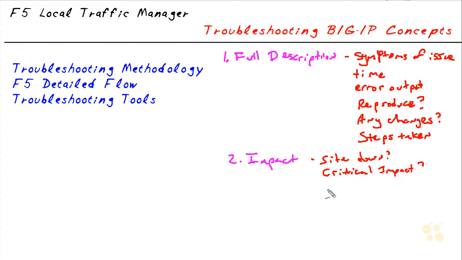Or just performance degraded? Or is it just a general question? That pretty much in that order sets the four severity levels that we have: severity 1, 2, 3 and 4, which also has to do with the response time that they're guaranteed to give us.